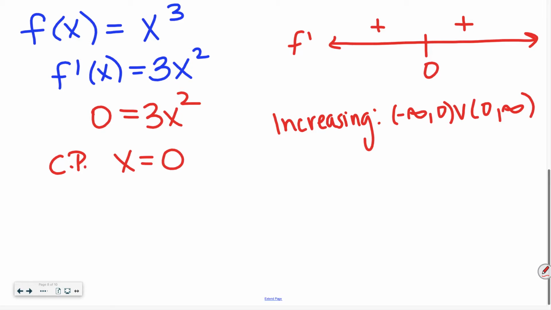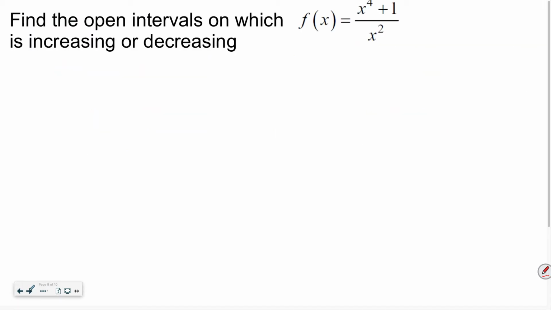I want you to find me this derivative. We may not get to finish this problem, but I think talking about its derivative and simplifying it might be a good idea.